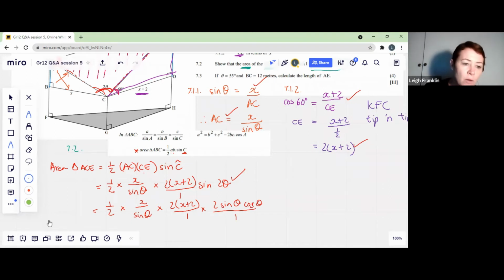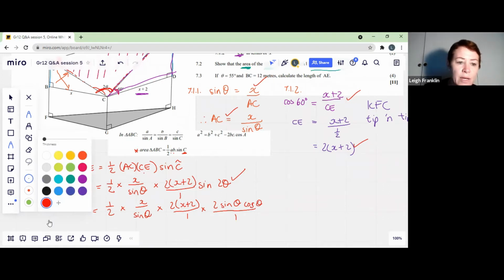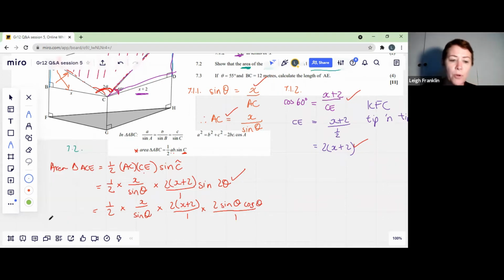Now, I'm allowed to cancel down something at the top with something at the bottom. So I could do this. I can say 2 goes into itself once, and it goes in here once as well. I can also say that sine theta divided by sine theta is 1. Is there anything else that I can cancel down here?